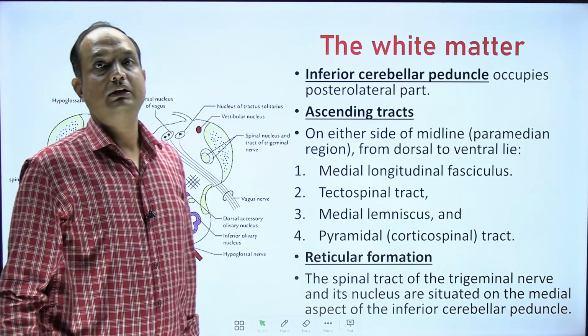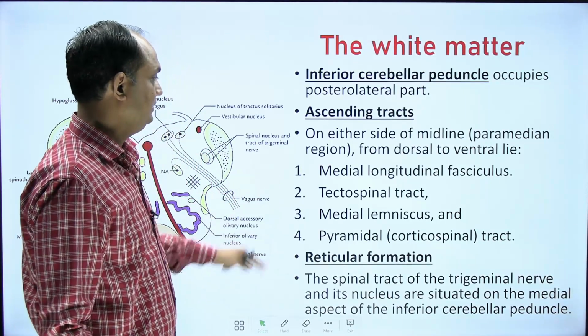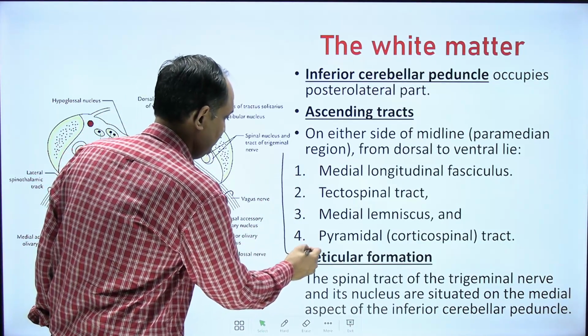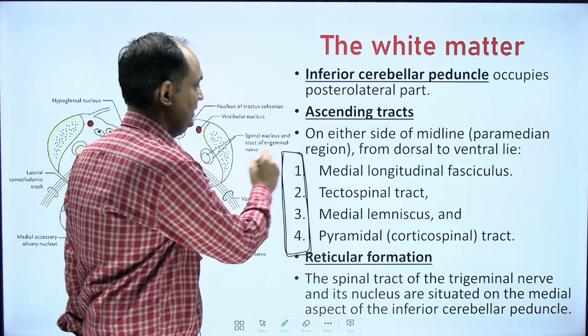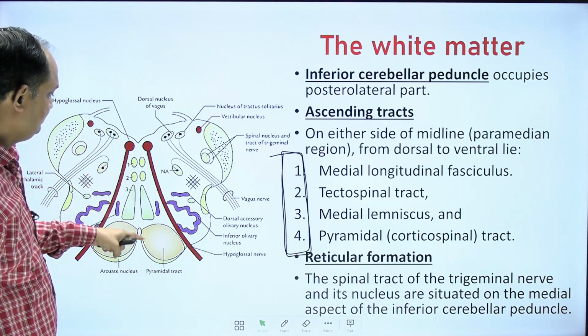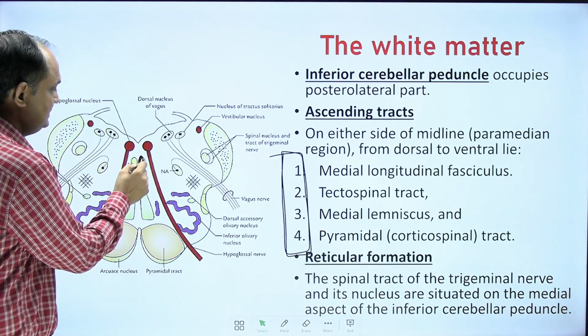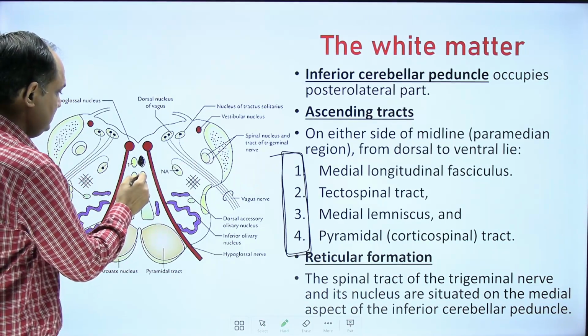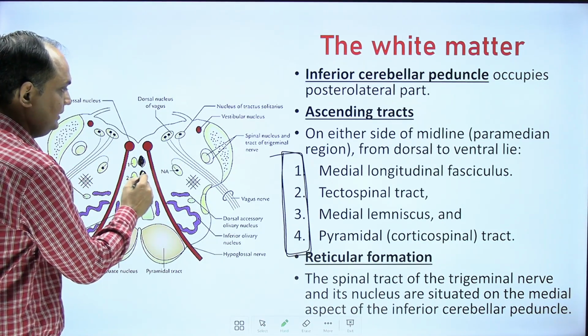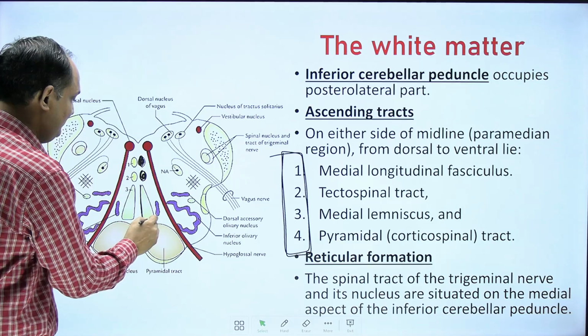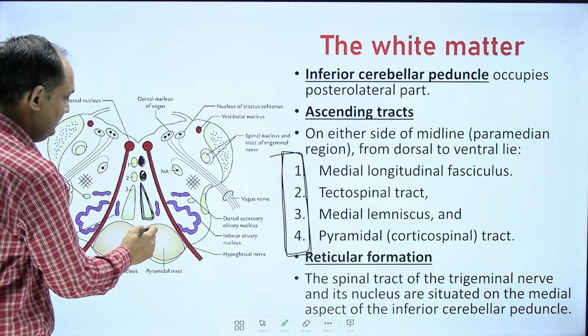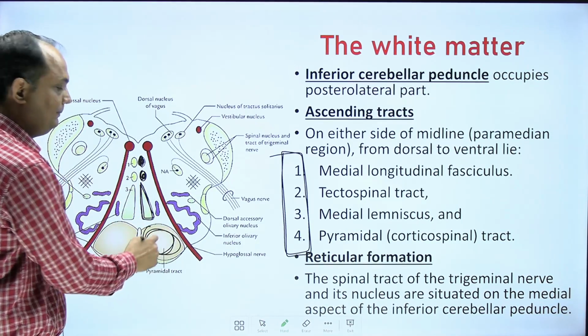Now, what do you have to draw in the white matter? This is very important in this section. Here you have to draw from posterior to anterior: the medial longitudinal fasciculus, then the tectospinal tract, then the medial lemniscus, and anterior to the medial lemniscus, the pyramid.